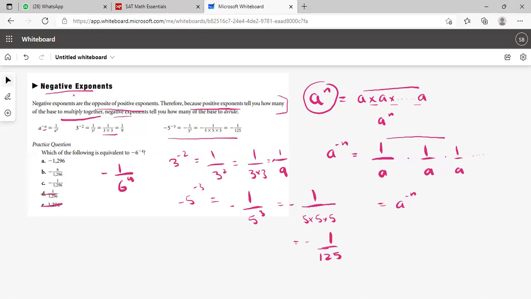This cannot be the answer because it is positive. And this cannot be the answer because it is not a fraction, right? So either this is the answer or this is the answer, right? And definitely this is the answer because it would be of this form 1 over 6 to the 4. Okay, so this is not going to be of this form. So this is the answer.